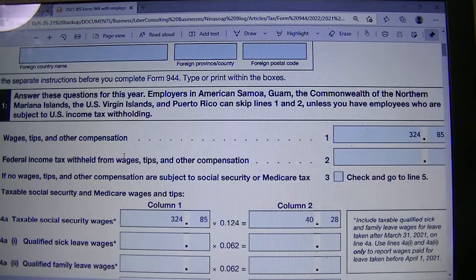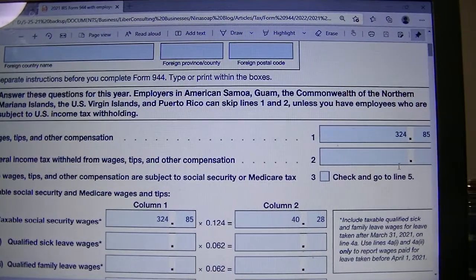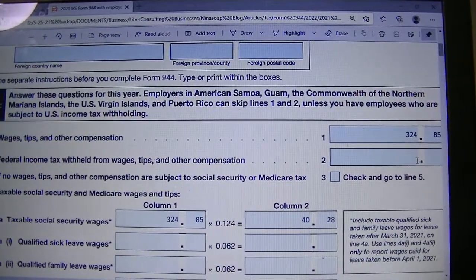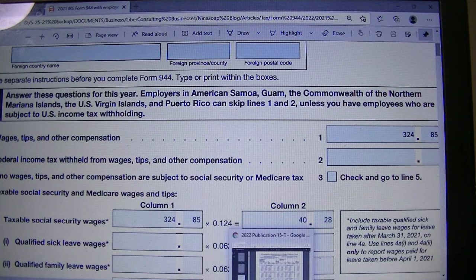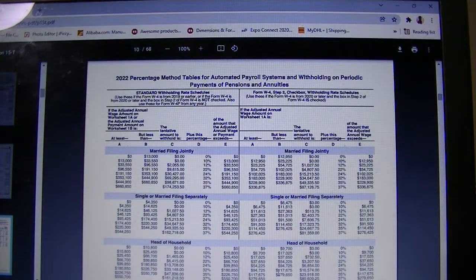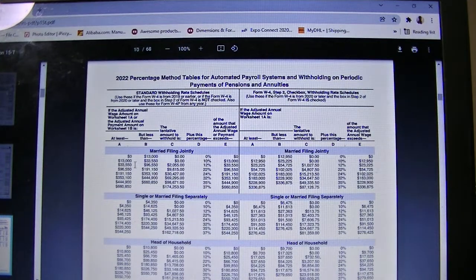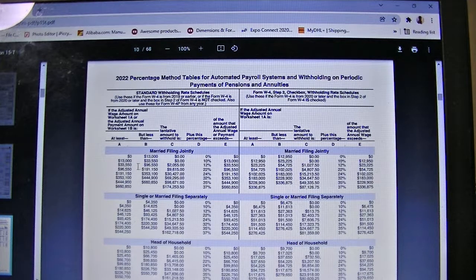Line 2 for us is left blank, but if you withheld federal income tax, you need to put it. If you did not withhold anything, but now you notice that the amount you collected, you should have withheld something, you need to find what that is.